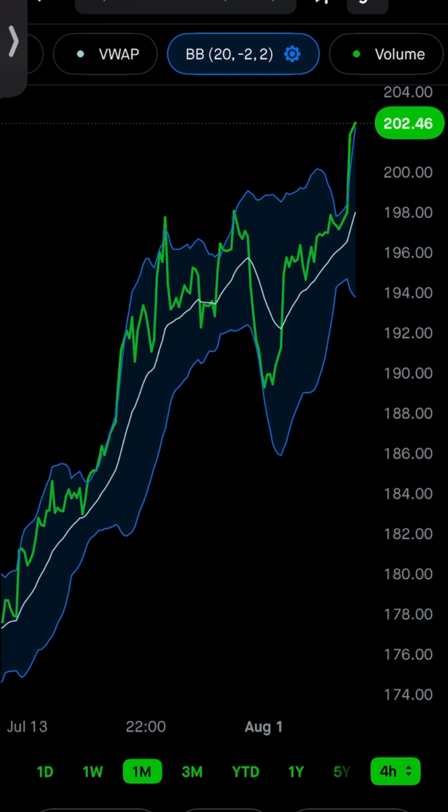The stock price loves to trade within the middle portion of the Bollinger Band. And so when it reaches the bottom, it likes to go towards the middle. And also when it reaches the top, it likes to go towards the middle. So like I said earlier, think of the Bollinger Band as a highway and think of the stock price as a car traveling within the highway.